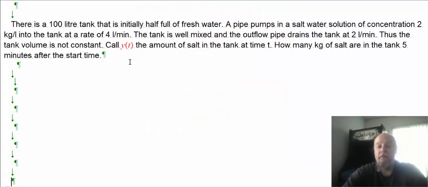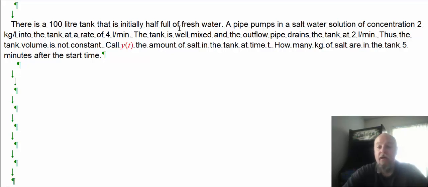So now I've got a 100-liter tank. It's initially half full of fresh water. So initially there's 50 liters of fresh water in the tank. A pipe pumps in salt water at a concentration of 2 kilograms per liter at a rate of 4 liters per minute.